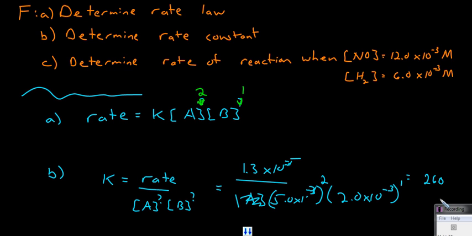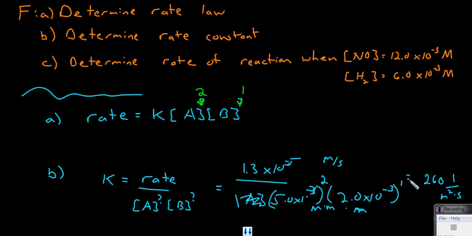And what unit is that? Rate was in molar per second, and then divide by molar times molar, because it's squared, and then times molar again. So that's a molar squared over a molar cubed. That should give us 1 over molar squared second.